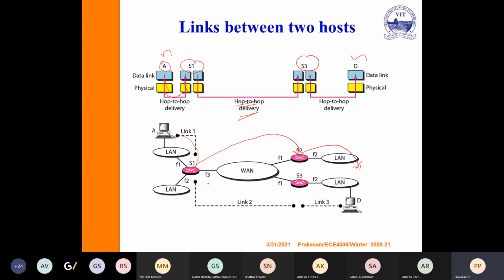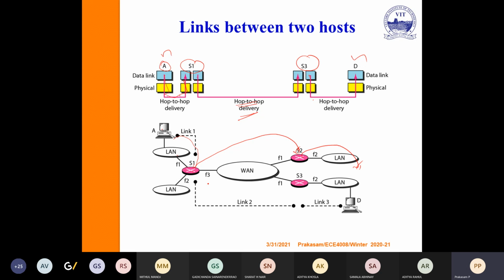Sometimes many hops will come in between, from one server to another server and the next server, because here we are not using any common IP address for a particular node. The data link layer works purely based on the physical address. We cannot identify the physical address directly from source to destination.